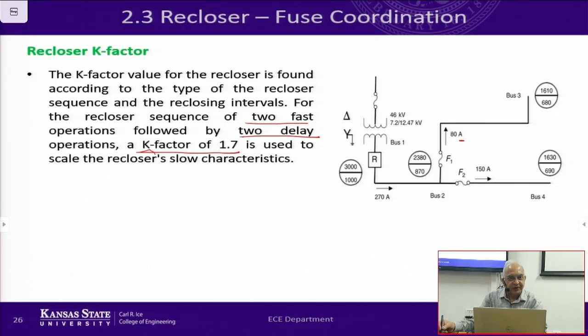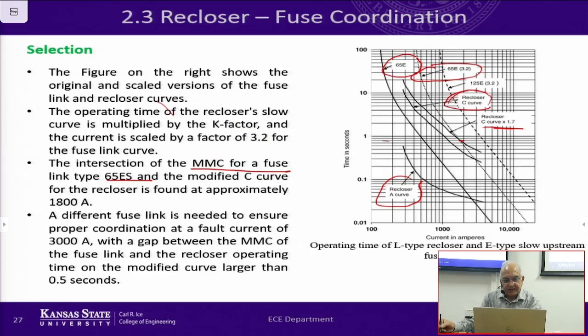So basically what is going to happen is that at 3000 amps, which is right here, the fuse is going to blow before the recloser. That's miscoordination. The fuse should not blow before the recloser. The recloser should be the one that operates. So this fuse is going to cause miscoordination. This is not acceptable.